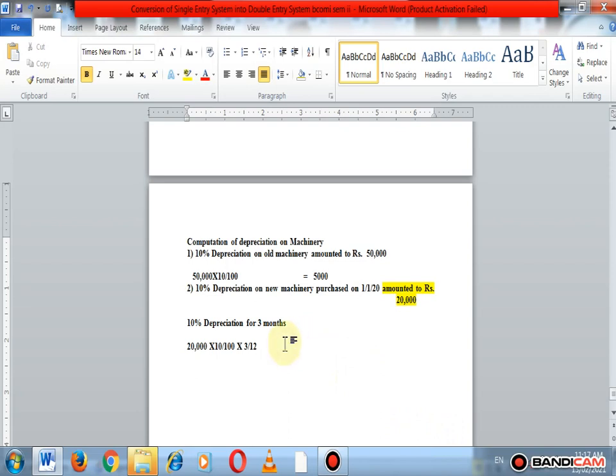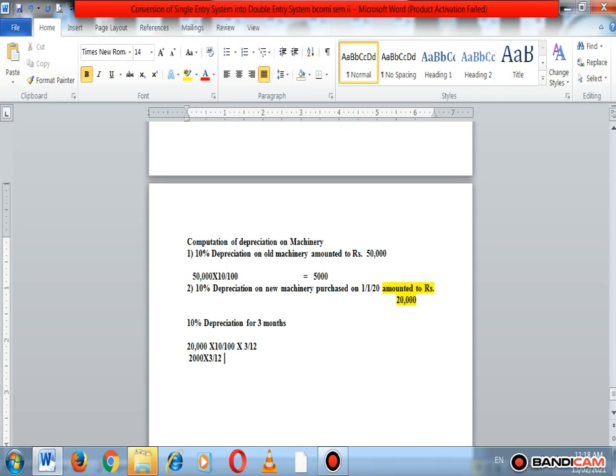Okay, so here the depreciation is 2,000 into 3 divided by 12, amounted to rupees 500.